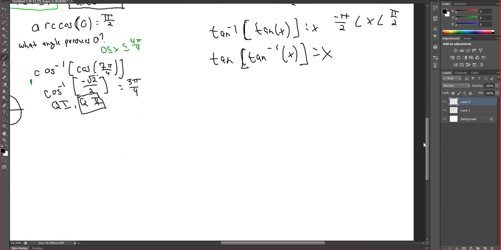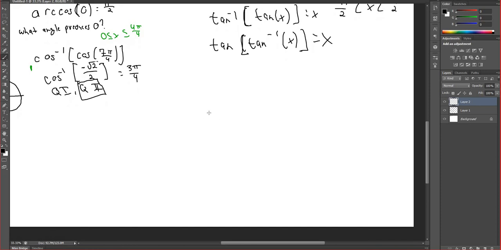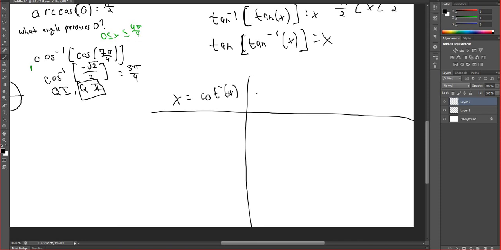And then to almost end the video, we have our last three functions as cotangent, x equals secant inverse of x, and x equals cosecant inverse of x.